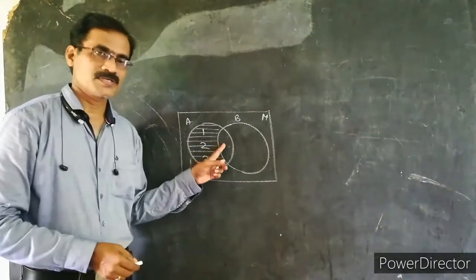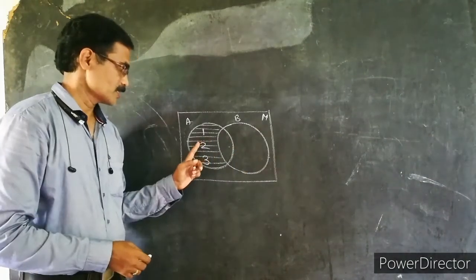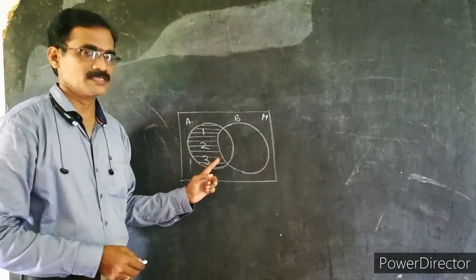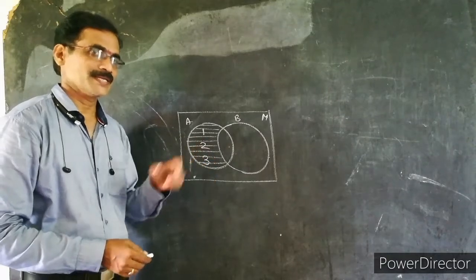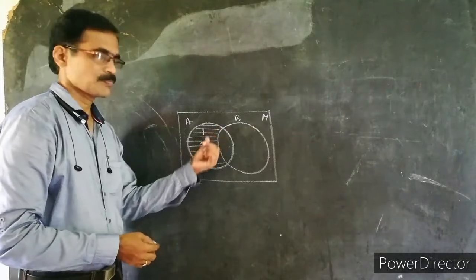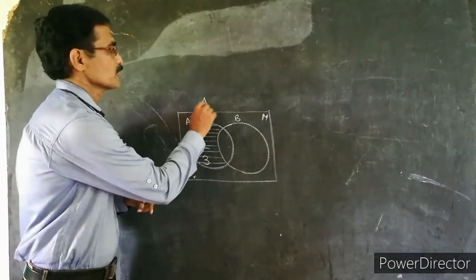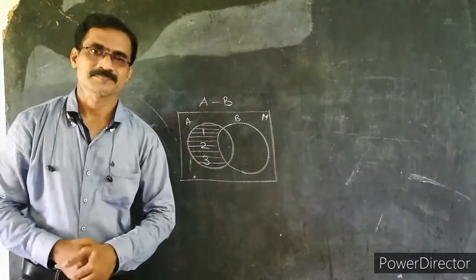Common elements you do not write, and elements in B also you don't write. Only you write only A. These elements are only A. So you also shade only A part. Don't shade the common part. This is denoted by A minus B.